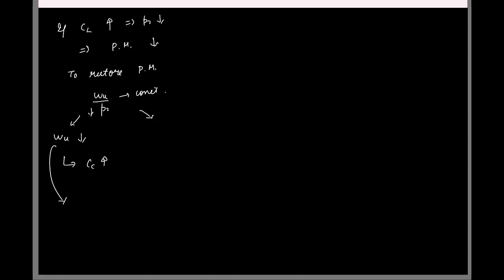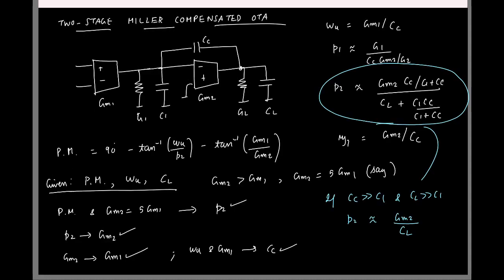So let us say I want to increase P2. P2 depends on what? GM2 and CL. Now CL has increased. So what can I do to keep the location of P2 the same? I can increase GM2. Make sense?